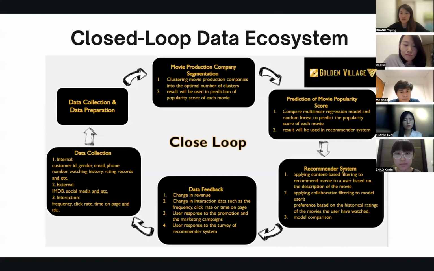Measurement could include, for example, user interaction, user feedback, or it can even conduct customer survey to measure its success of this data-driven system. Of course, the ultimate measure would be the business revenue. The leadership can, based on the review and feedback, upgrade the data system or its analytics model.